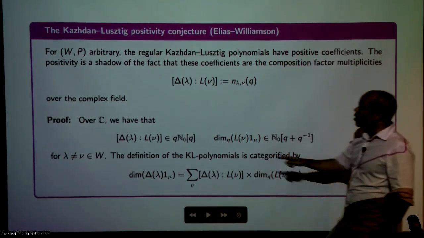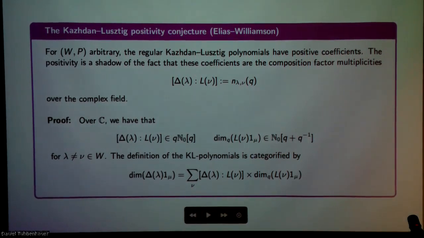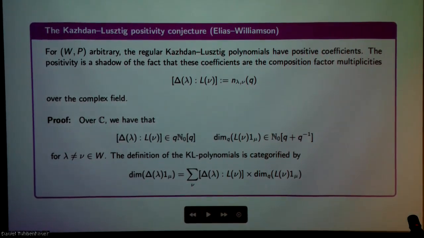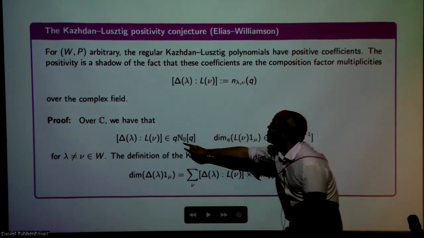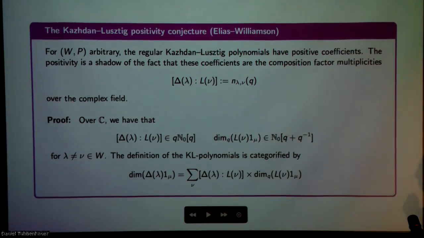Now, every vector in a module must belong to some simple composition factor of the module. Once you know that this is a positive degree, you already defined the Categorification polynomials to be the unique way of factorizing this.